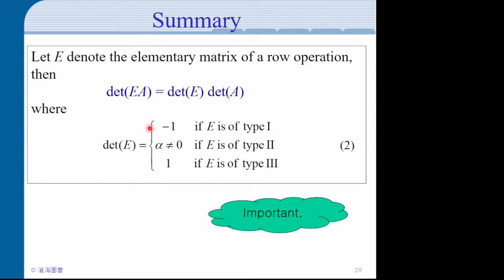If you interchange rows, you get -1. If you multiply by alpha, then it's alpha. And if you are adding or subtracting a row from another row, then the determinant of E is 1. You don't change the determinant of A.